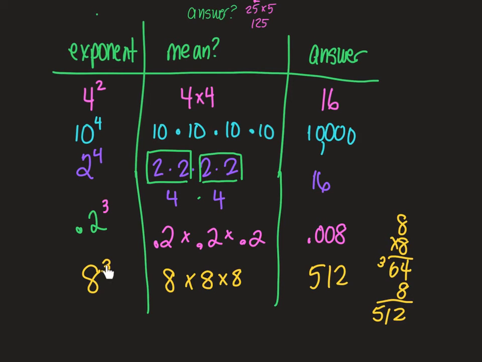I got 8 to the third power, so the base is an 8, and how many are there? There's 3 of them. So the tiny 3 goes here, the 8 is the base. I did my scratch work over here because I can't do that in my head. 8 times 8 is 64, and a third one, so remember 1, 2, 3, multiply the third one and I get 512.